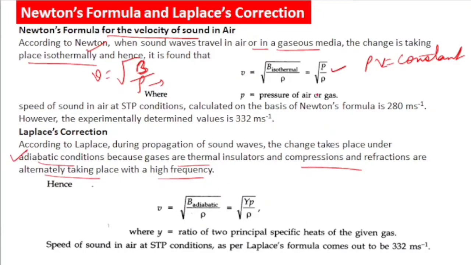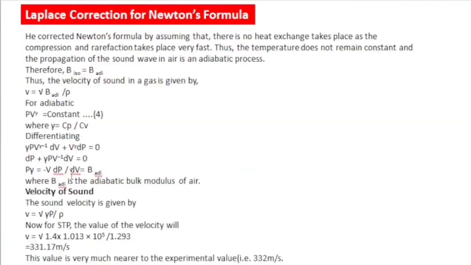So this B isothermal is replaced by B adiabatic. And you know, during an adiabatic process, the formula is PV gamma is constant. Using this, you calculate the value of B adiabatic.